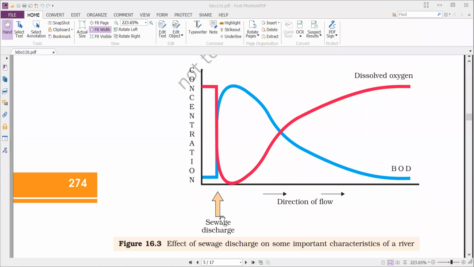The dissolved oxygen levels are decreasing, so the BOD is increasing. That means the demand for oxygen is increasing. That's why when you add sewage water, the dissolved oxygen levels are decreasing and the BOD, the biochemical oxygen demand, is increasing.